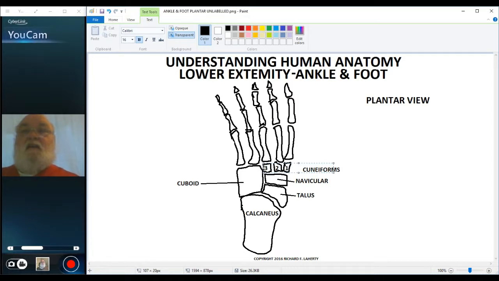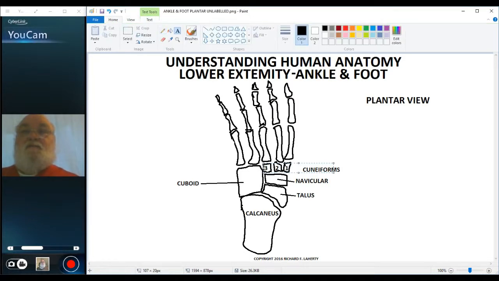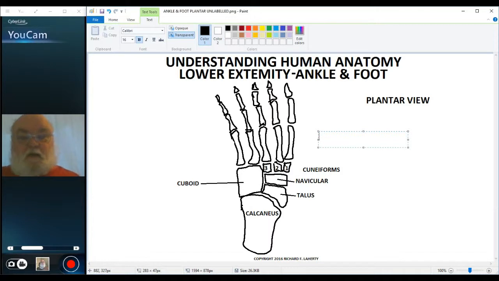And then again I'll label in the metatarsals, and these bones also are numbered.